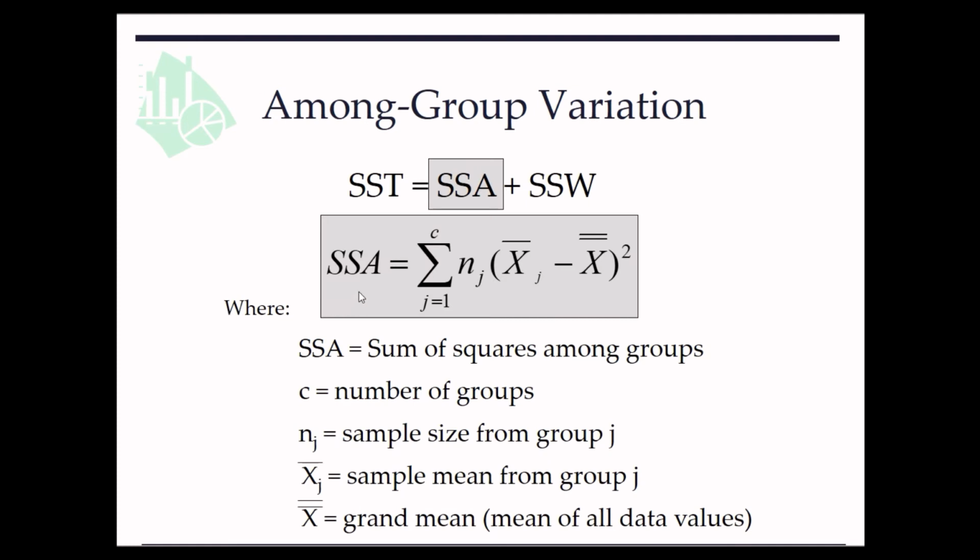Next, SSA, here we find the sample mean from group j minus the grand mean. Again, taking square and multiplying the sample size from group j, and we sum over all the groups.